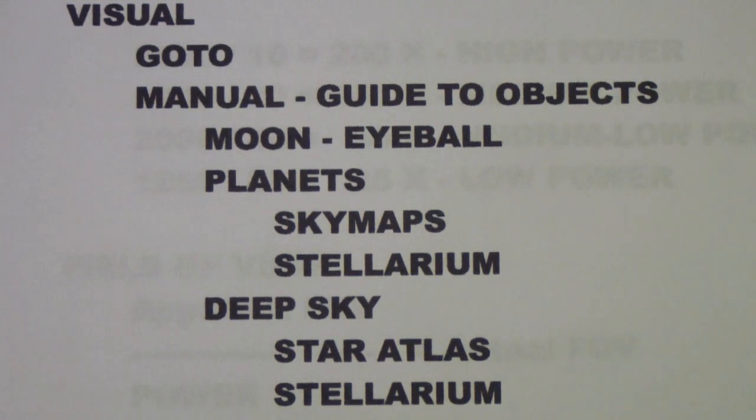I suggest if you want a little more on this, or just the view of a different person, that you go to the Orion Telescopes website and look for a video called Choosing Your Eyepiece. That may not be the exact title, but it's close to that.